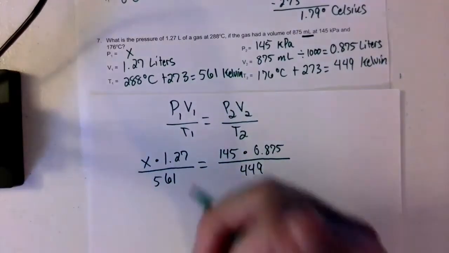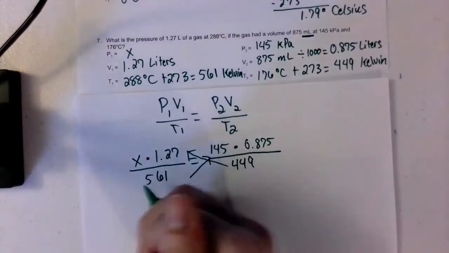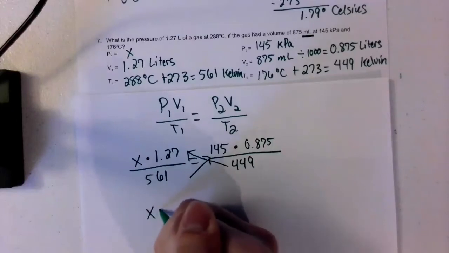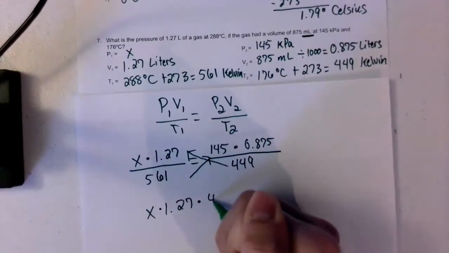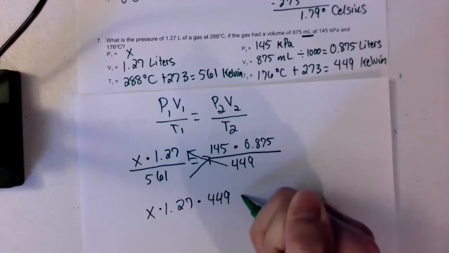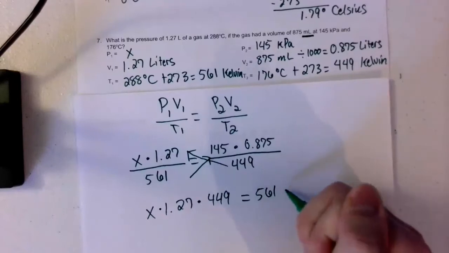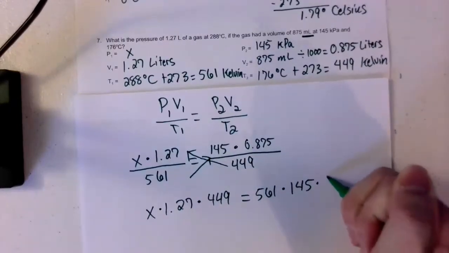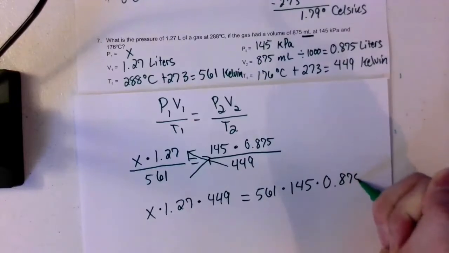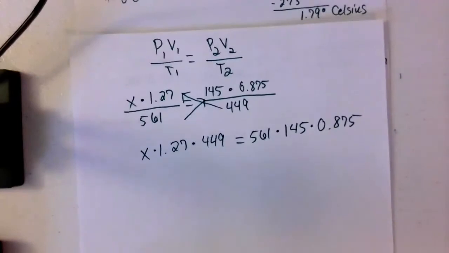Now to solve this, we're just going to cross multiply again. On the left side, it's going to be X times 1.27 times 449, equal to 561 times 145 times 0.875. On the left side here, we just have two numbers to multiply together.